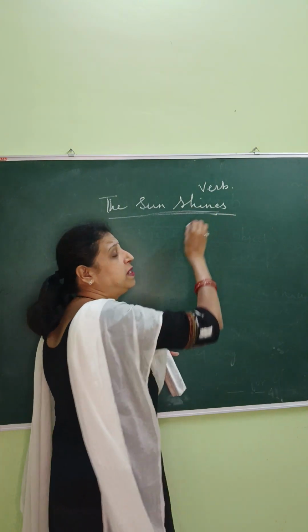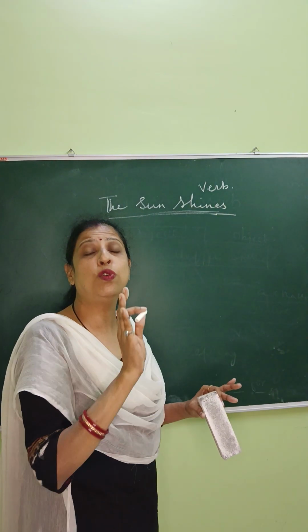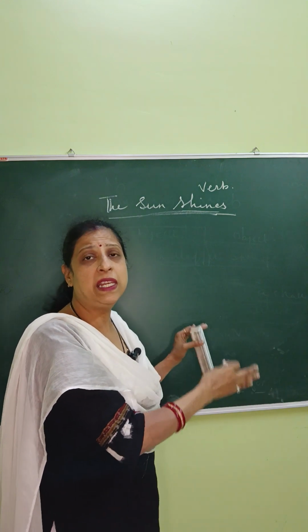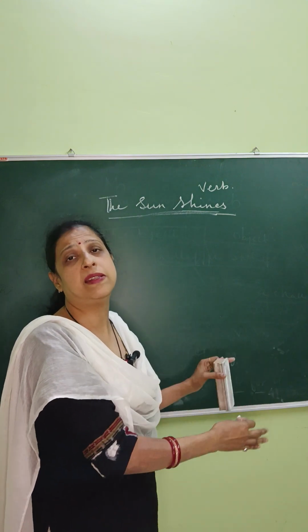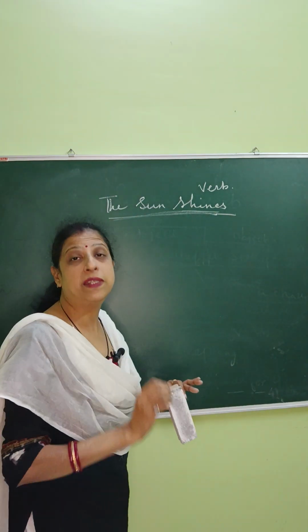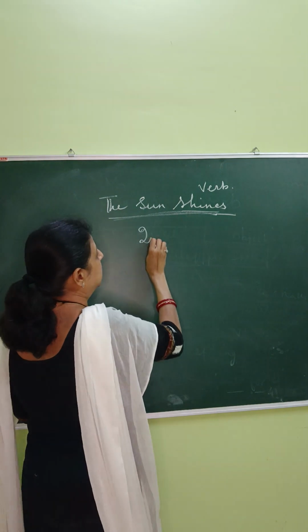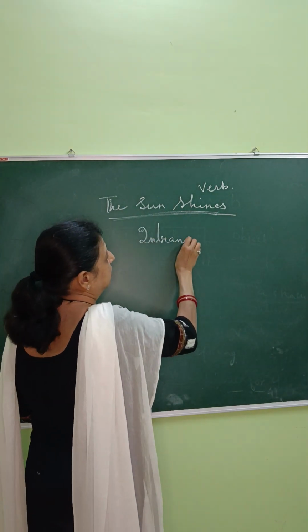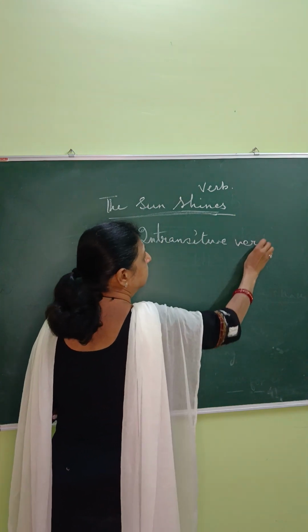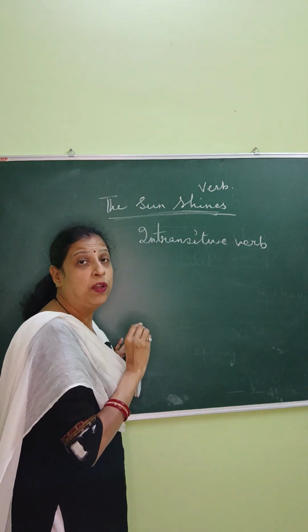This verb doesn't need any object to make the sentence complete. The sentence is already completed. So here the sun shines is an intransitive verb.